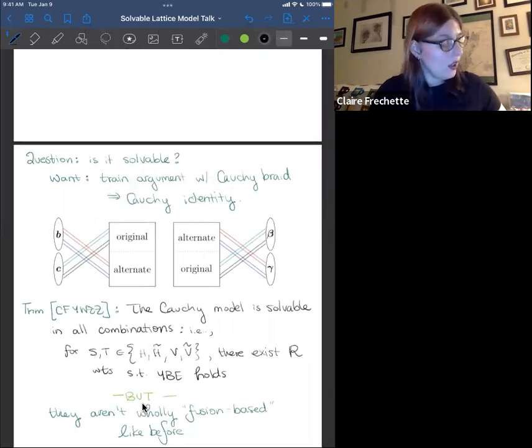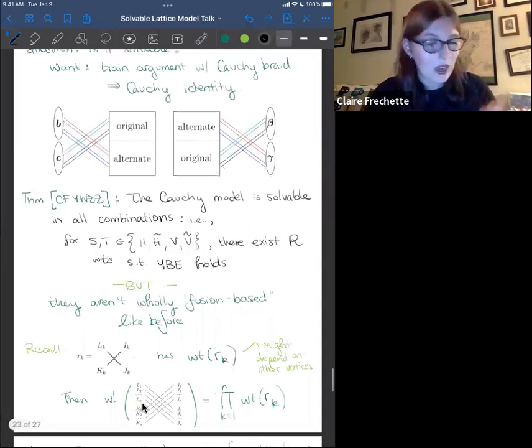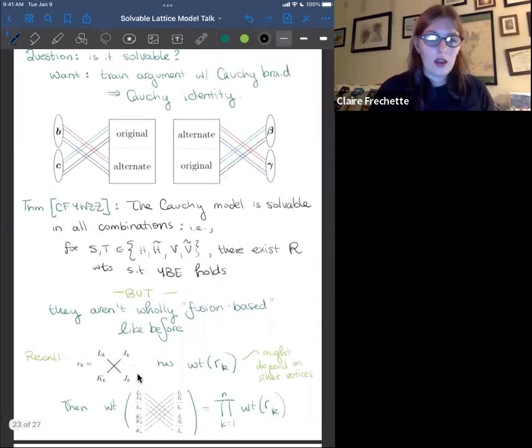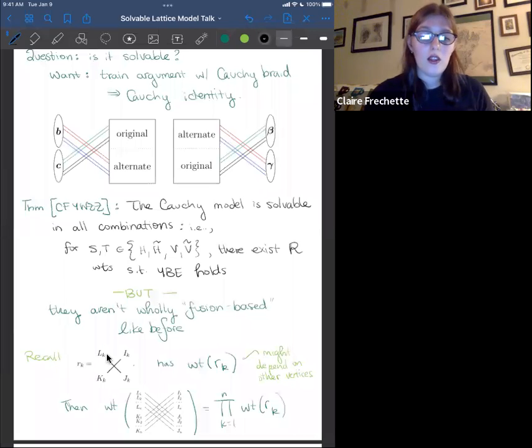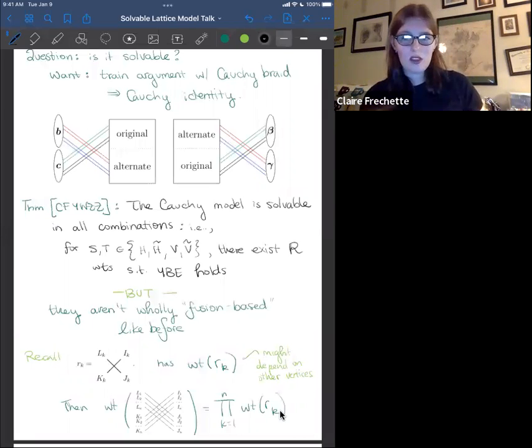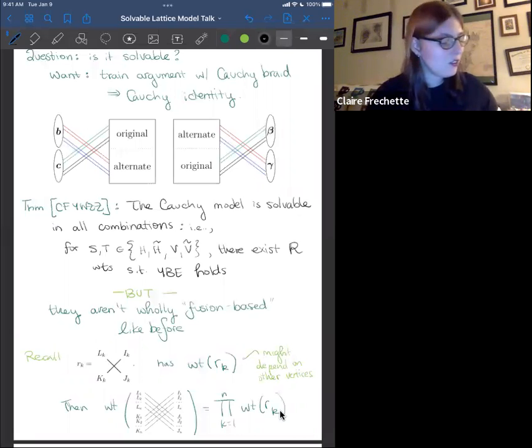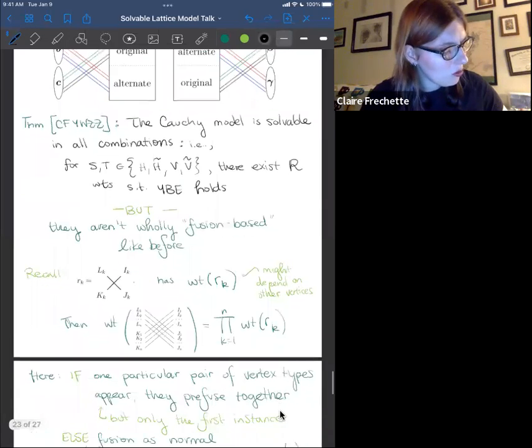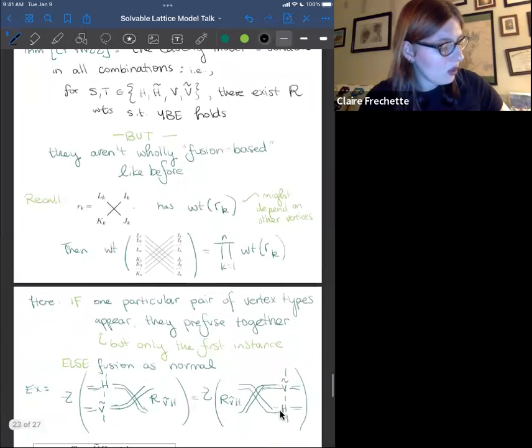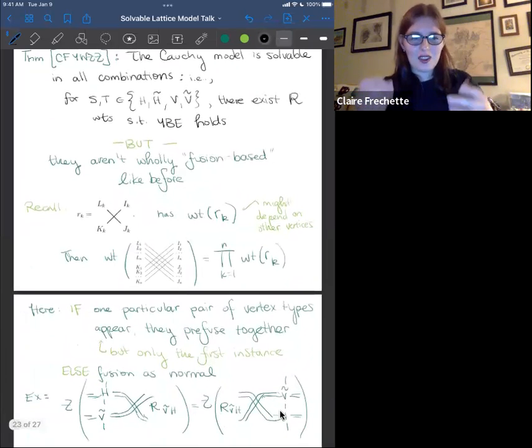Right before, if we recall, we had n different pieces coming out of my R vertex, and these little R vertices, their product gave my weight. And they might depend on the other vertices, but they depended on the vertices in terms of powers of q, and they all sort of have an equal weight in the system. What shows up here is a very weird sort, or at least I think it's weird.